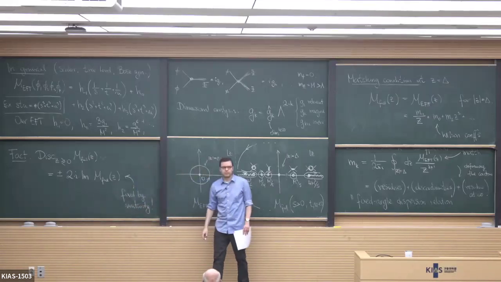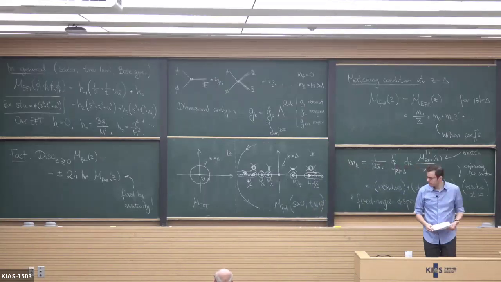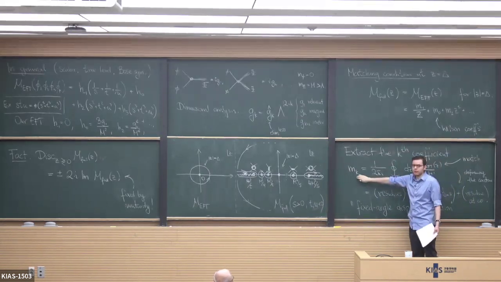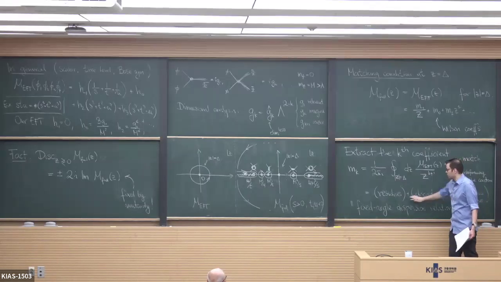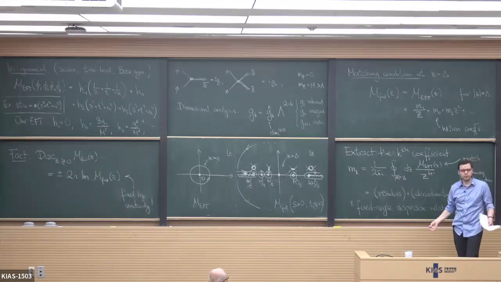So essentially, if we combine all the ingredients that we've seen today, then what we're getting is a relation between Wilson coefficients in the EFT, through the dispersion relation, to the imaginary part of the full amplitude, which in turn is computed in terms of cuts.